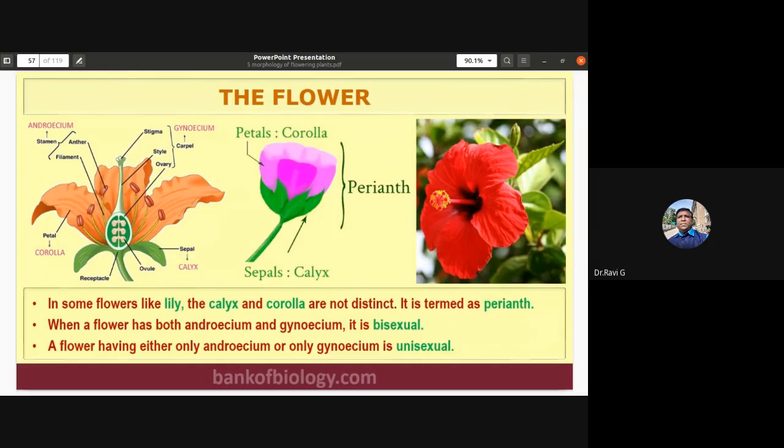You notice that there is no difference between the calyx and corolla, and you cannot distinguish between them. They are not distinct. Such structures, we call perianth. What is perianth? Perianth is a collection of tepals.